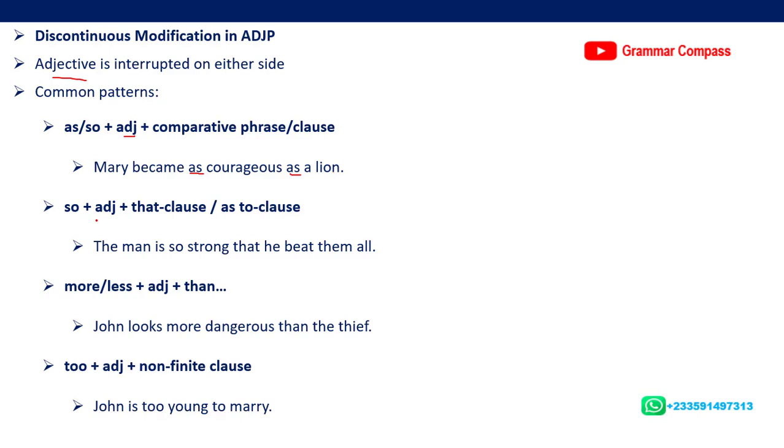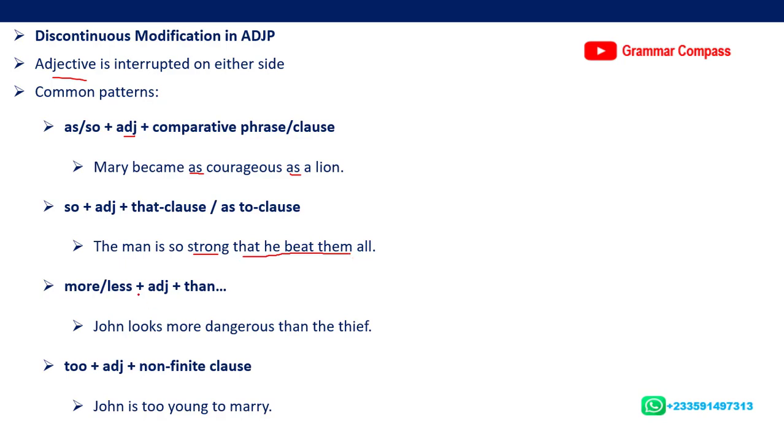Now in the second example, the man is so strong that he beats them all. The adjective strong that we see here is intensified by so and followed by a that clause explaining the result. So this is also an instance of discontinuous modification.